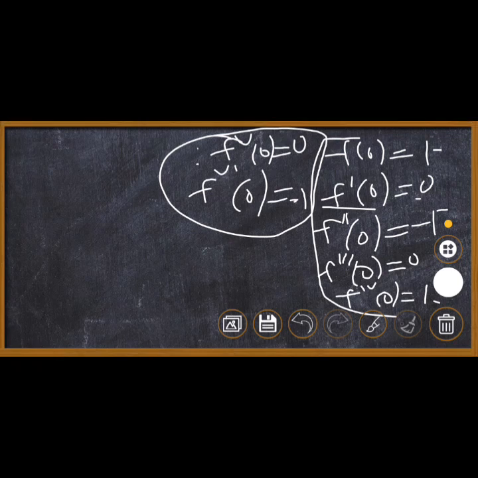So make sure that you write these values somewhere, because I'm going to remove them for the sake of space. Okay, so let me just do that.